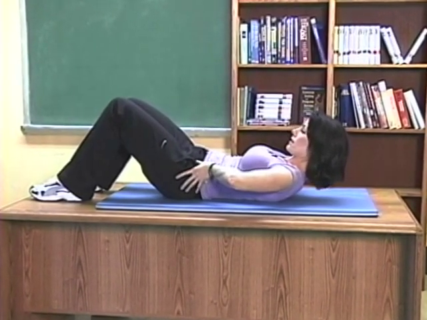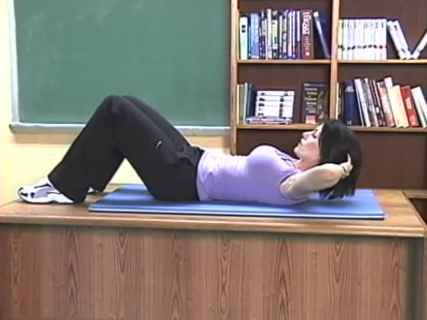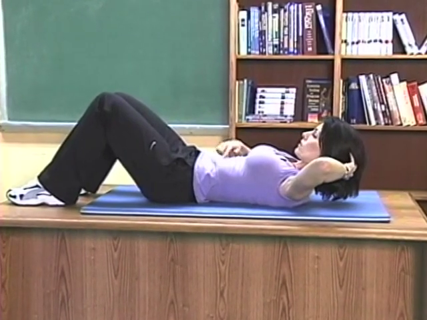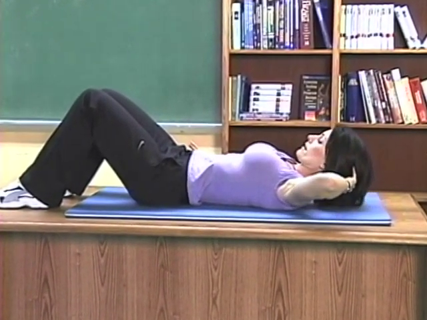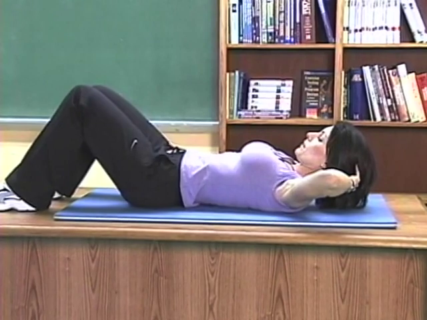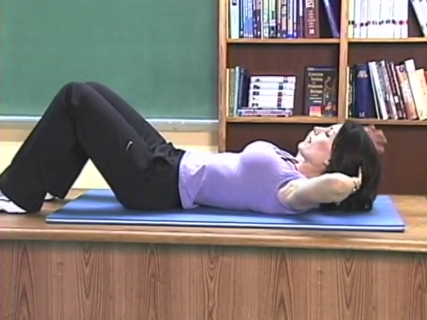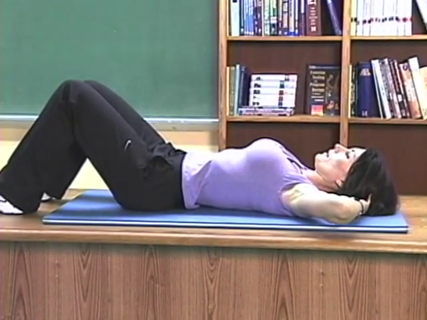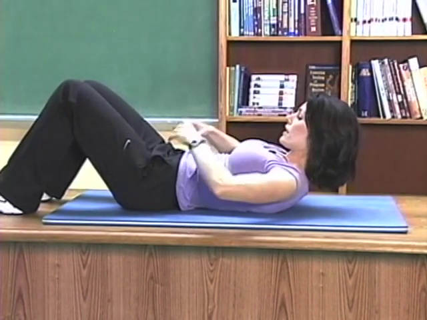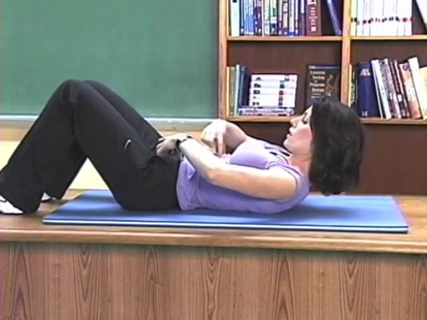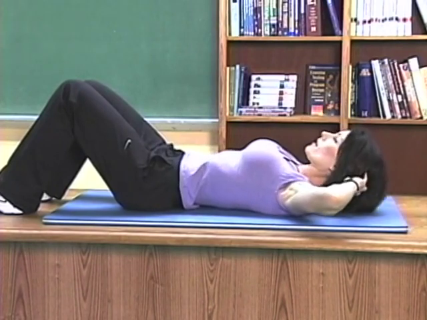This decreases the effectiveness of this exercise for the rectus abdominis muscle group. So the best advice is to go ahead and keep the pelvis in neutral, and as you curl up, you've got a nice strong anchor to pull on for the rectus abdominis muscle group.